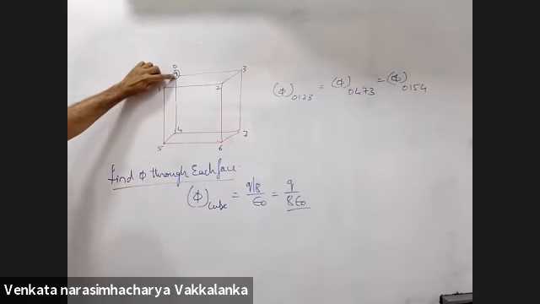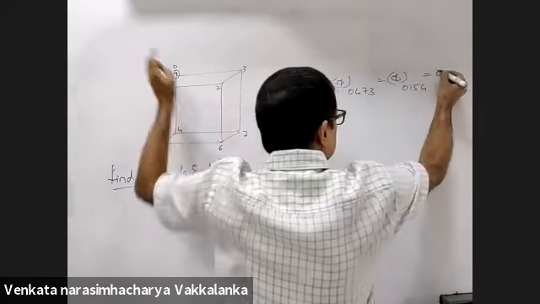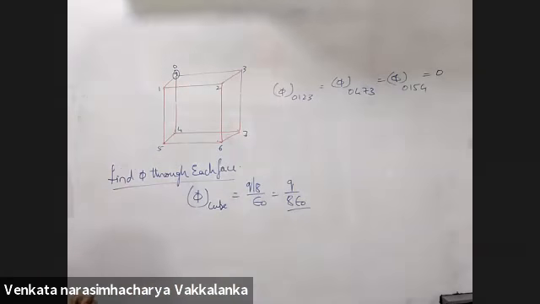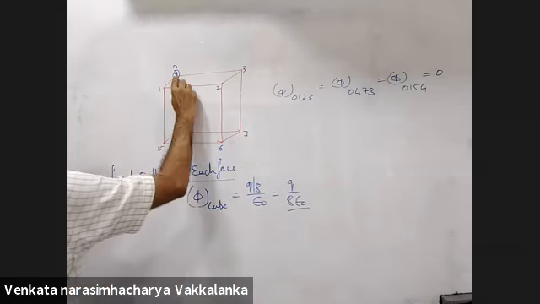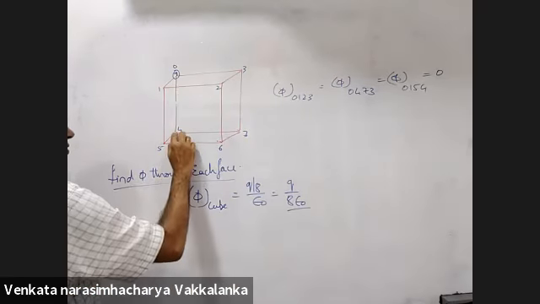All 3 faces which are touching this particular corner will have 0 flux, because the field lines will go parallel to that.